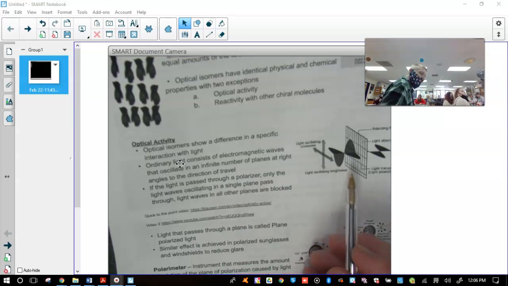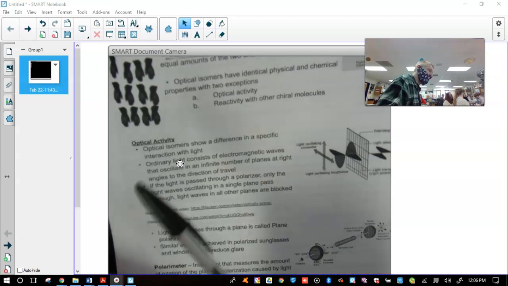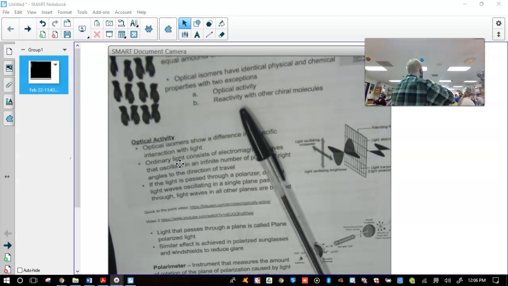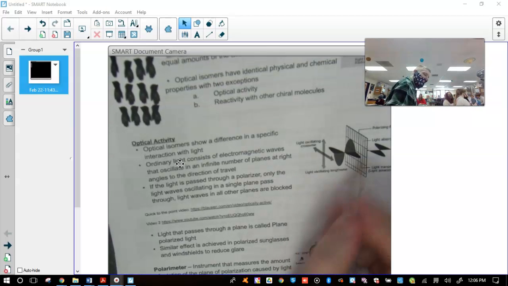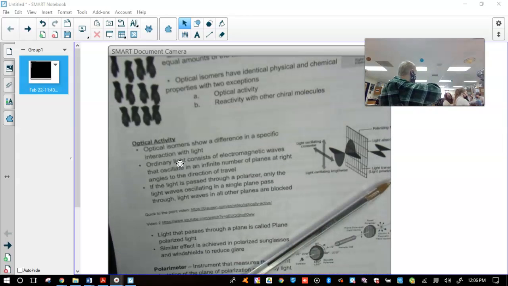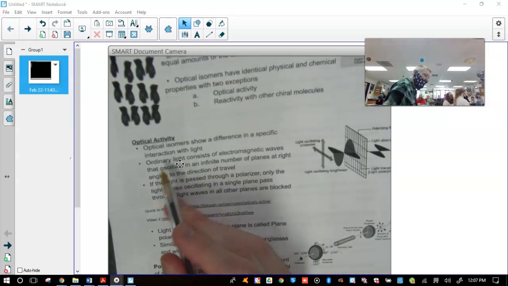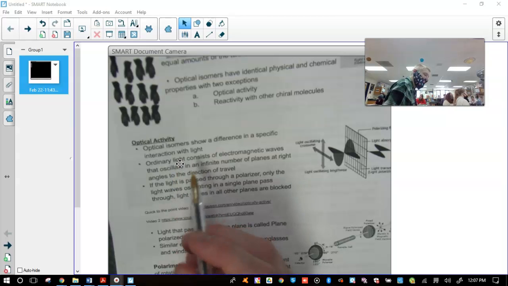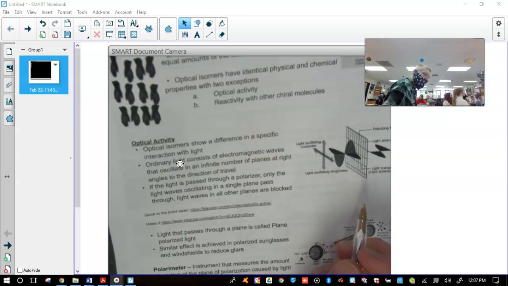So, trying to show that, you've got light going at you this way, this way, this way, this way. So it's hitting you from all directions. And what a polarimeter does is it cuts out the noise and it only allows one plane of light direction to come in. And that's what's going to be refracted by the optical isomer.